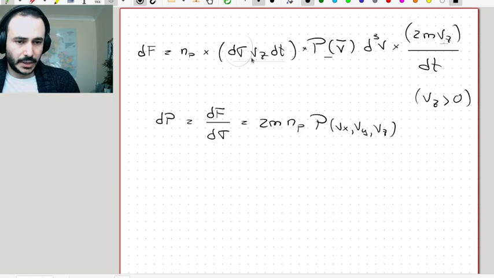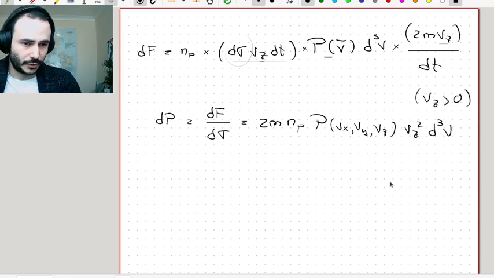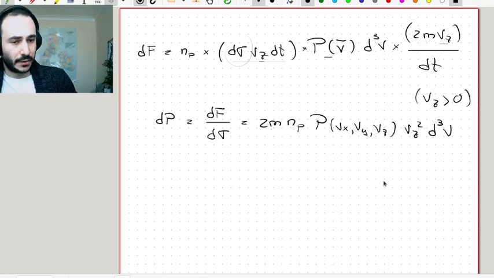And then there is this vz and this vz, so I have the vz squared here and the volume element in velocity space. Now if I want the actual pressure, I have to integrate this expression for all velocities and not just for that specific velocity.